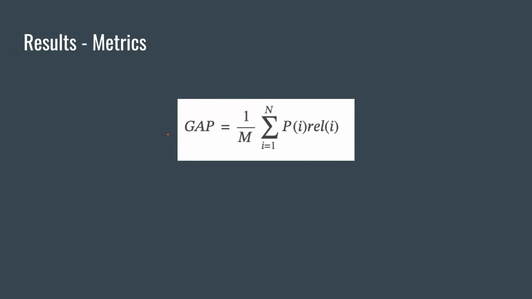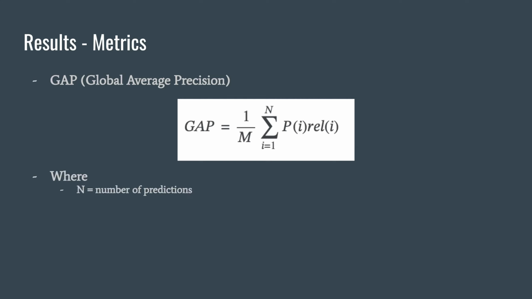So the first metric we have is GAP, which is short for global average precision. Basically, what this does is it validates the ranking consistency and the confidence consistency of our queries in our data set. Here, N is the number of predictions we're doing, and M is the total number of queries.